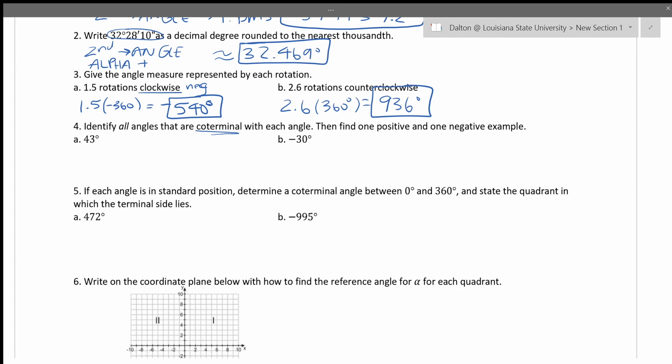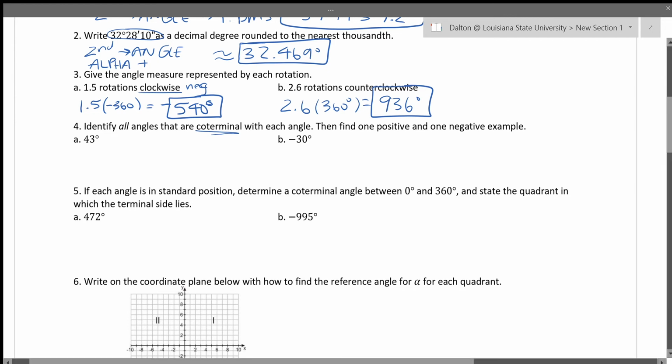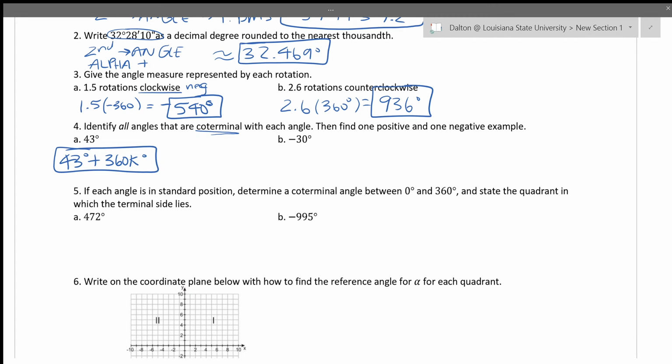So when I ask you for the representation of all, that's simply taking that angle that I'm telling you, which is 43 degrees, and adding to it 360 K degrees. That K stands for any integer, so that takes care of the positive and the negative numbers for you to be adding 360 or subtracting 360 over and over again.